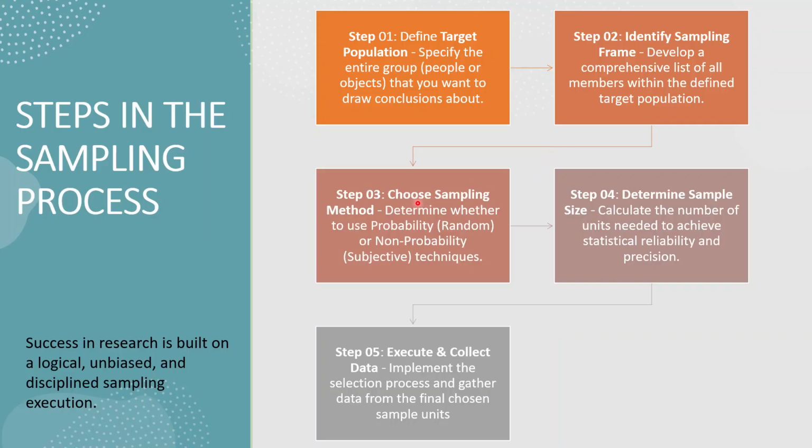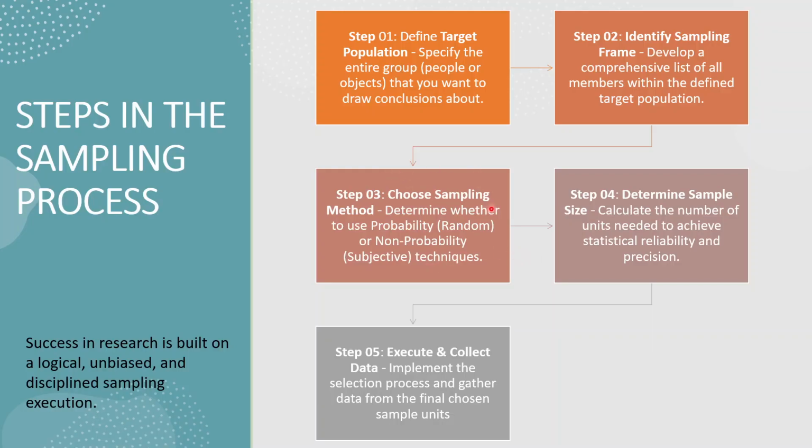Then step 3 is choosing the sampling method. I am supposed to decide on either probability or non-probability methods of sampling. So determine whether to use probability, that is random sampling, or non-probability, that is subjective sampling technique.